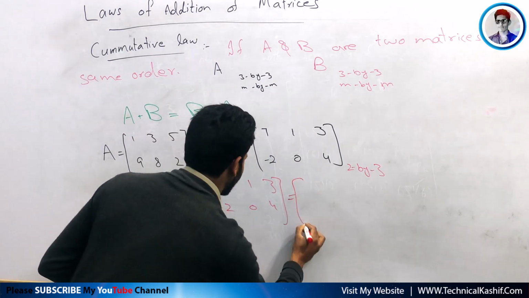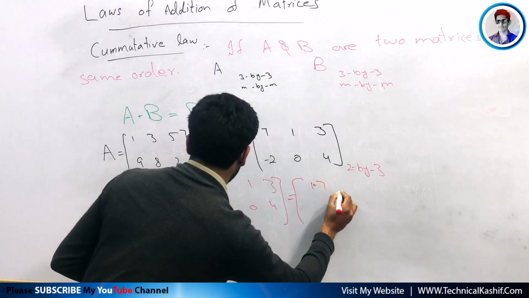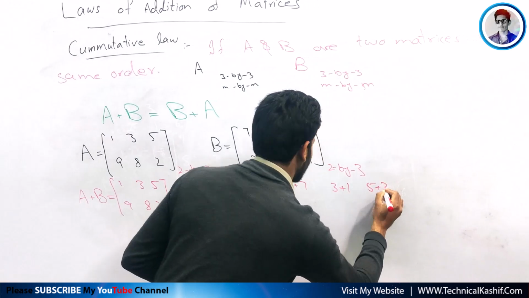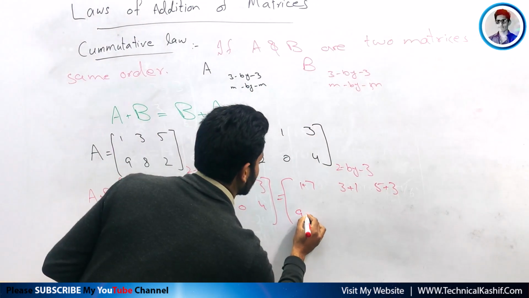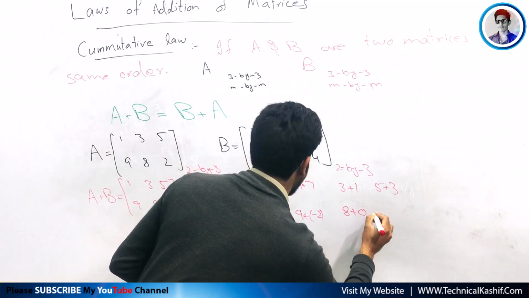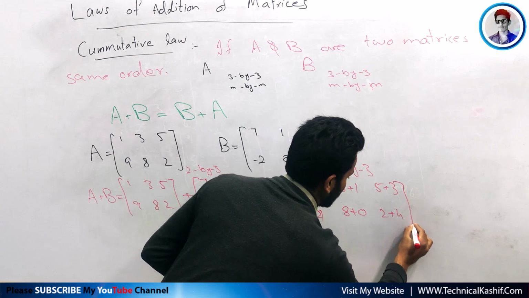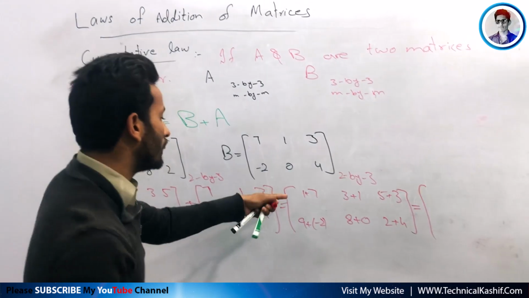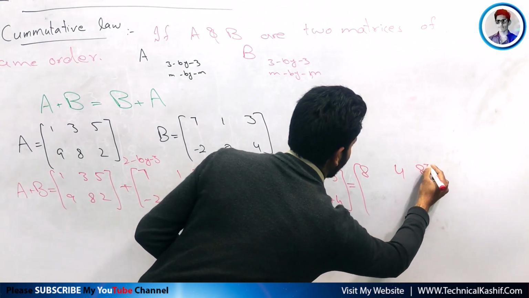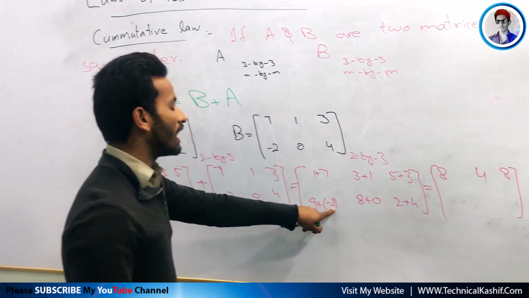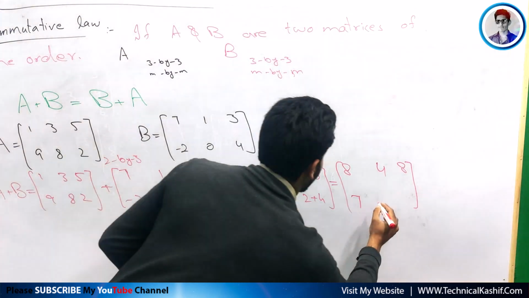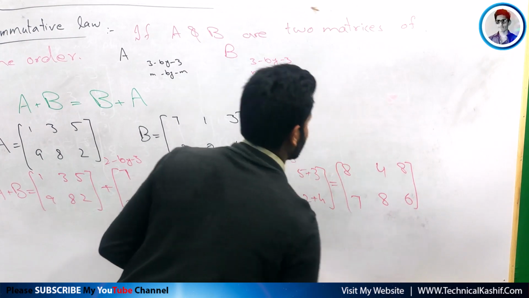By adding them, 1 plus 7, 3 plus 1, 5 plus 3, 9 plus minus 2, 8 plus 0, and 2 plus 4. For the answer, 1 plus 7 is 8, 3 plus 1 is 4, 5 plus 3 is 8, 9 plus minus 2 is 7, 8 plus 0 is 8, and 2 plus 4 is 6.